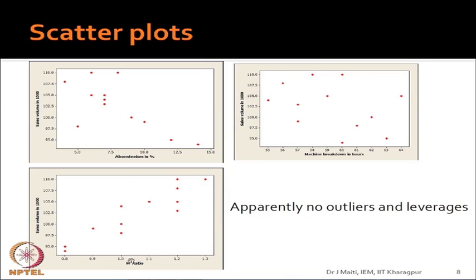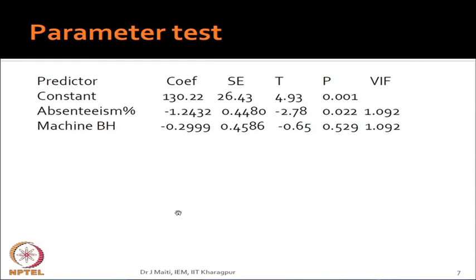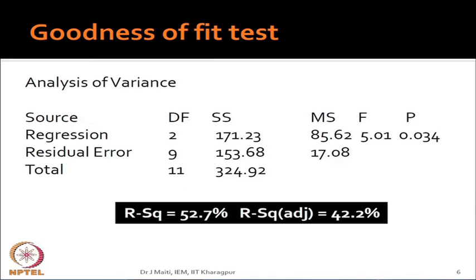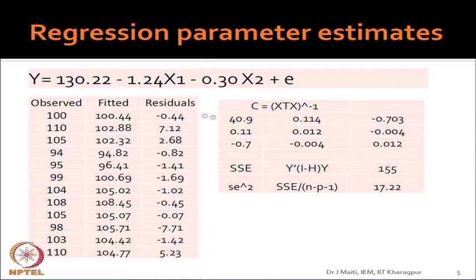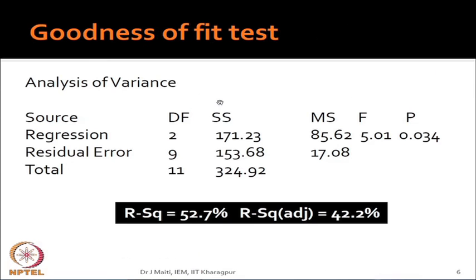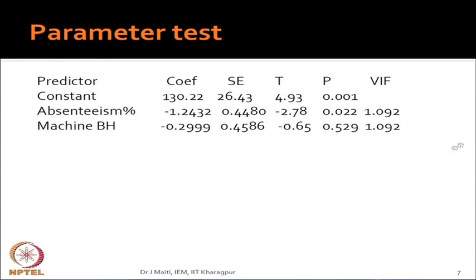And third one, M ratio, which we have not taken into consideration in this regression equation. We have considered x1 as absenteeism and x2 as breakdown hours, and if you see the regression coefficients, absenteeism has an effect because the p value is 0.022, but for breakdown hours it is 0.53.